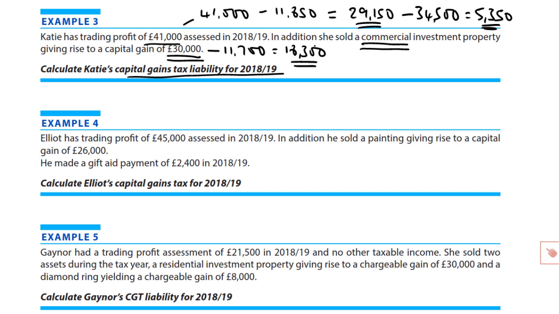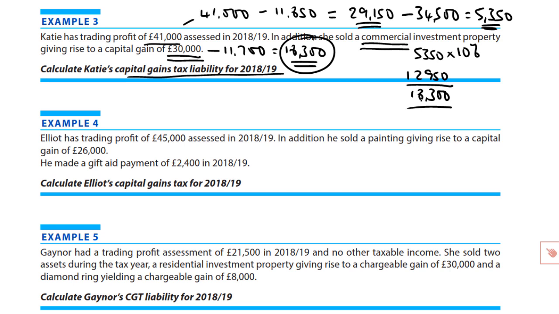We have taxable gains of 18,300, so time now to tax those taxable gains, starting with, as we've already said, 5,350. That falls within the basic rate band still available to us, so it's at 10%. We've got in total £18,300 worth of taxable gains. Take away the 5,350. What is left over still to tax? Well, I think that is 12,950.